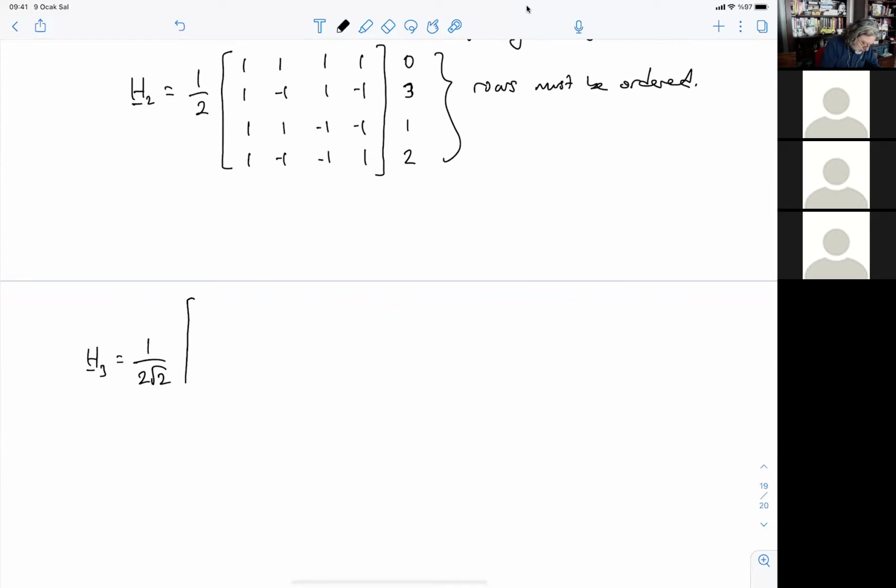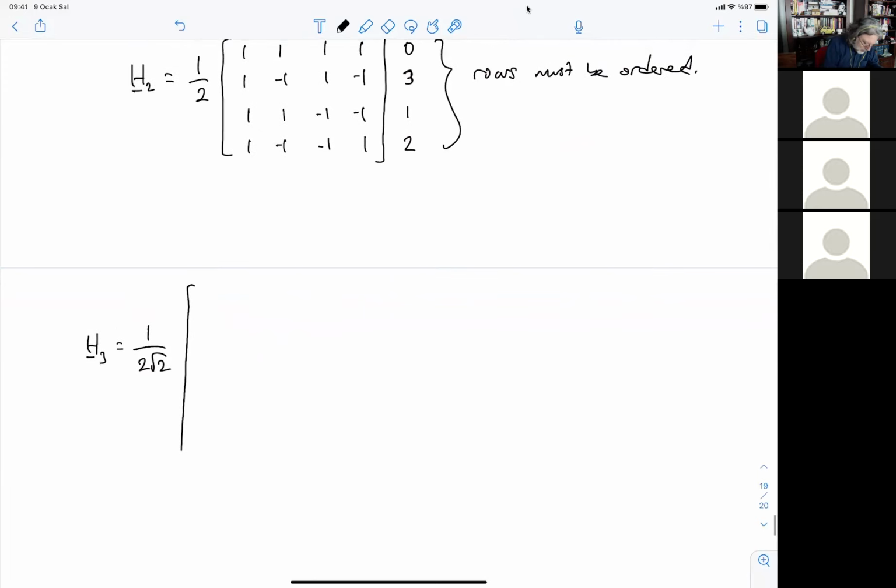And then it's easier to render. It will be starting with 1, 1, 1, 1, which is H2. I'm writing this H2, top H2 here. And 1, minus 1, 1, minus 1, 1, 1, minus 1, minus 1, 1, minus 1, minus 1, 1.